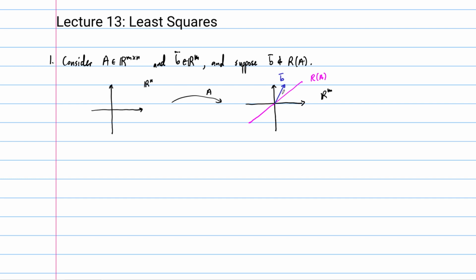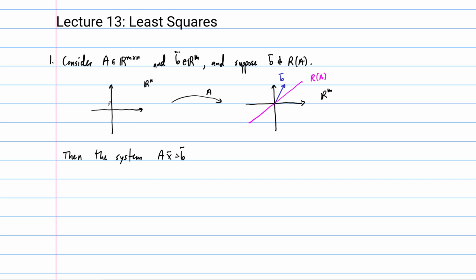And in this scenario, what we would like to do is try to solve, or let's suppose that we are given, the system of equations, A times x equals B. So then the system, in this case, Ax equals B, is going to be inconsistent, right?